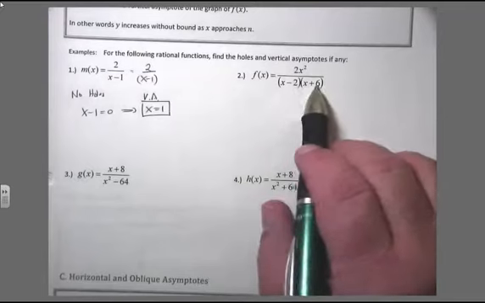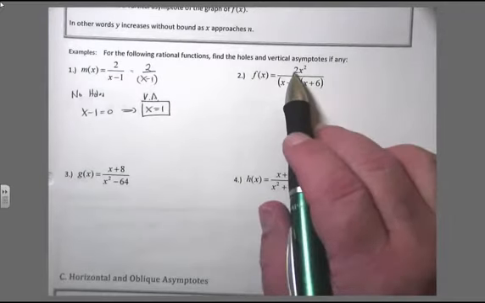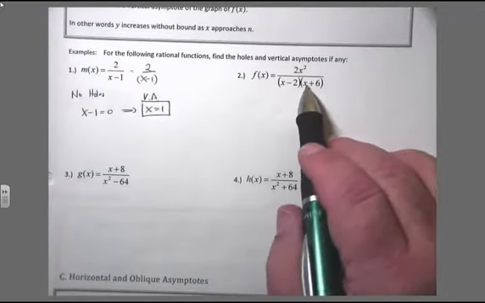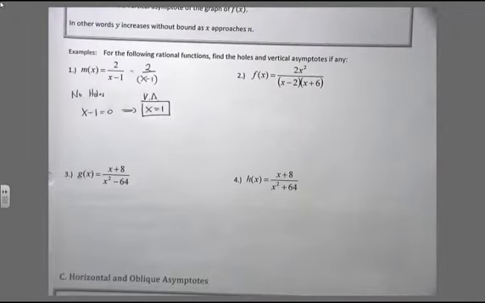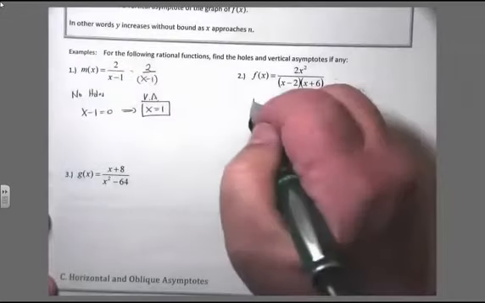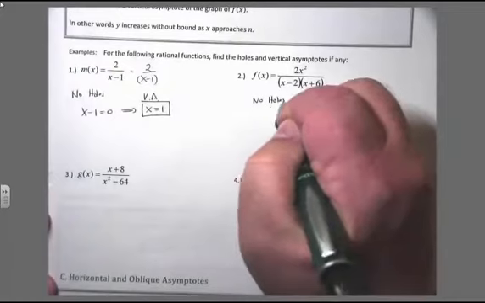They went ahead and factored it for me. That was mighty nice. I've got 2x squared divided by x minus 2 times x plus 6. Does anything cancel? Do you see factors canceling? No. So because of that, there are no holes because nothing cancels.